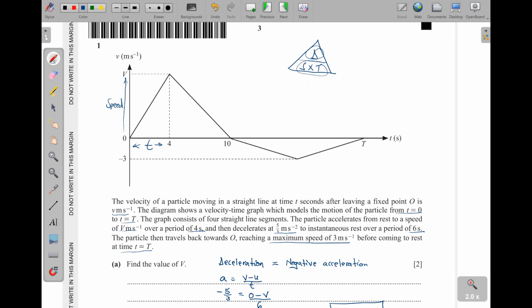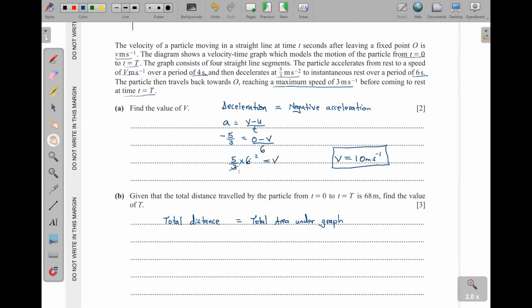So if I want to find the area of this triangle here, I'm going to get half the area of this rectangle, not so? So I'm going to say a half times 4, then times the v there. Now, having gotten t, then times the speed here, speed times time gives us the distance. So that's why the area under the graph for a speed-time graph gives us the distance traveled.